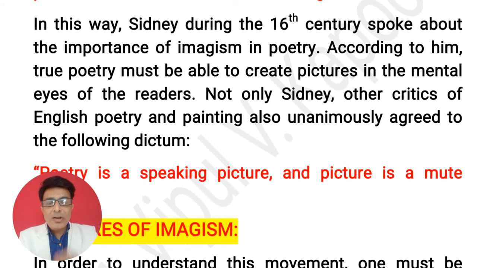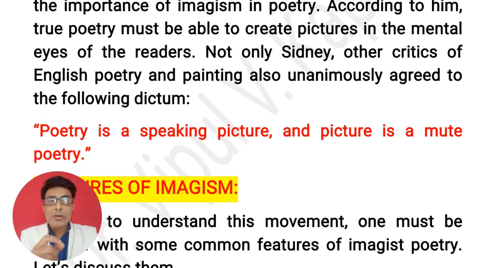Not only Sidney, there were some other critics who also believed in this very popular dictum. This popular dictum says that poetry is a speaking picture and picture is a mute poetry.